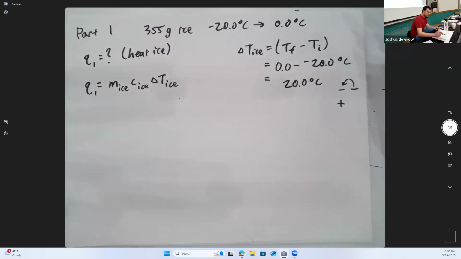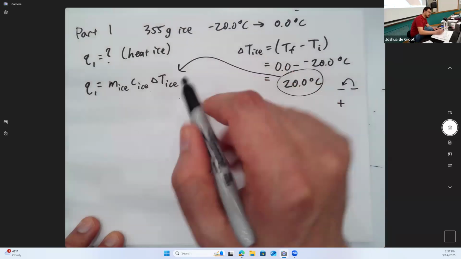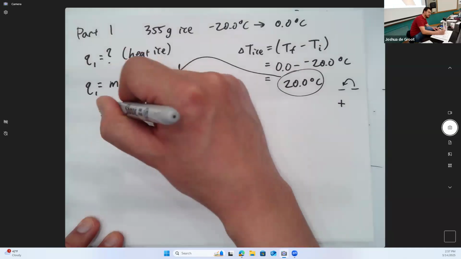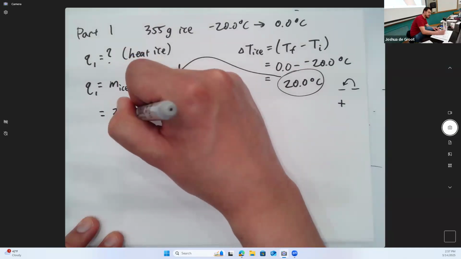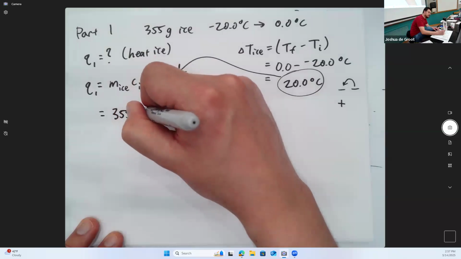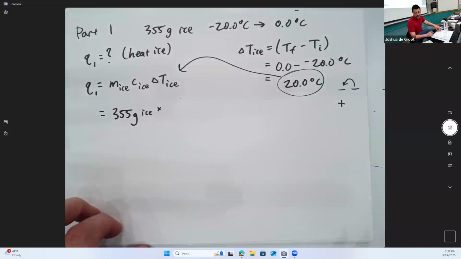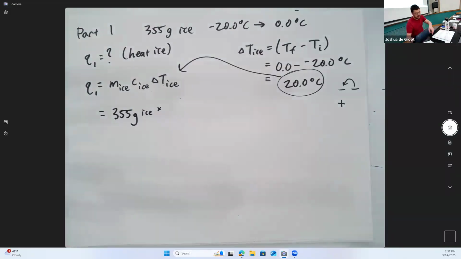All right. So we got that, and now we can plug into that. Let's get all the numbers. We have 355 grams of ice, and we're going to multiply it by the specific heat of ice.